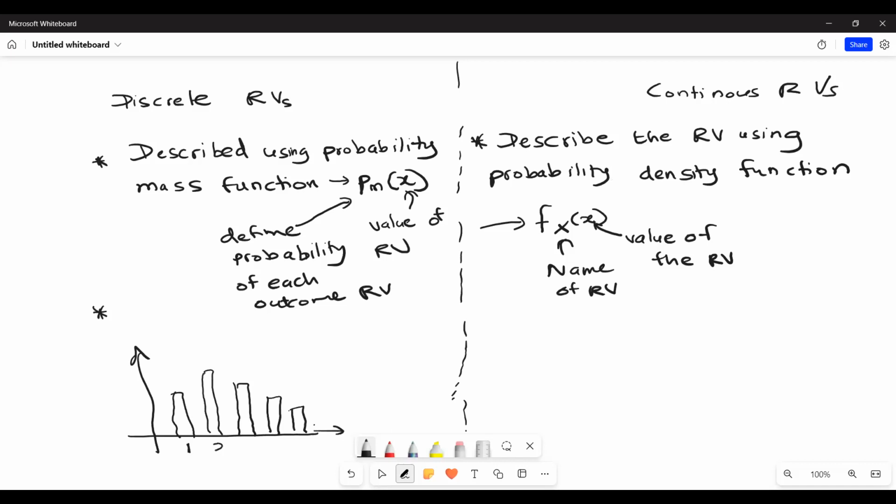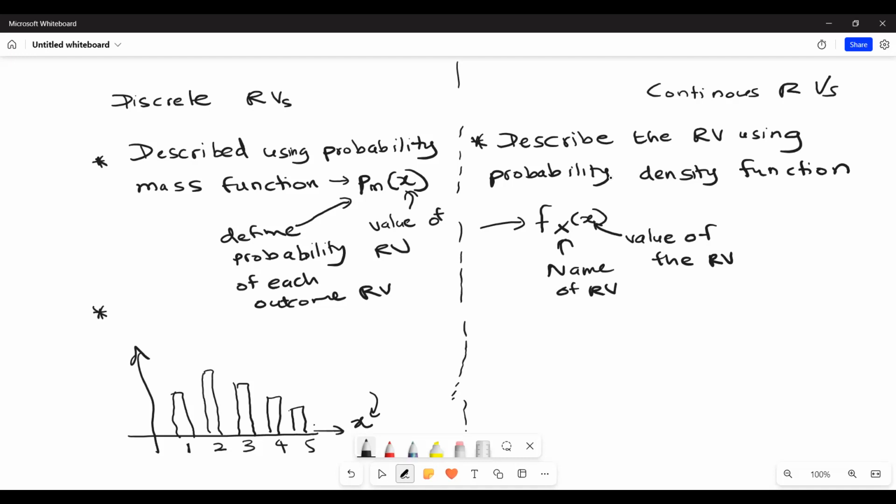Let's say this is one. Let's say the outcomes of the physical experiment are 1, 2, 3, 4, 5. Then the random variable is, let's say, x, right? The value of the random variable is given by x.